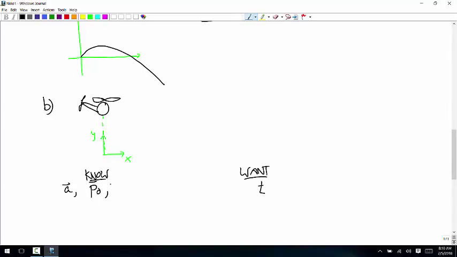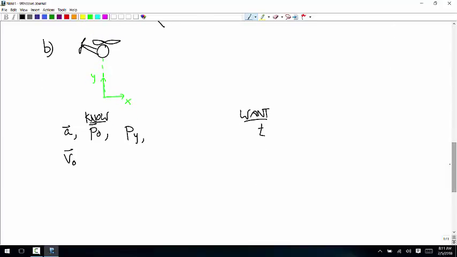Right, we don't know the x component of the position, but we do know the y component. We know the initial velocity, we just figured that out. We don't know anything about the final velocity, so this is what we have to work with.